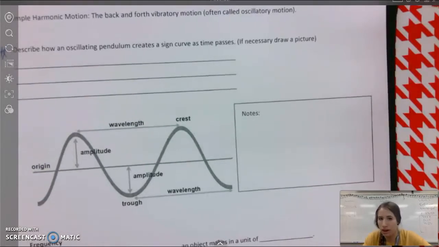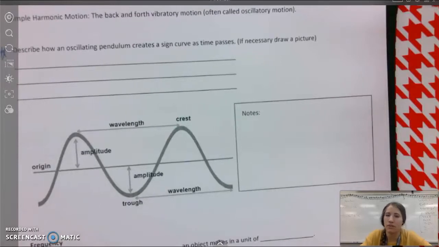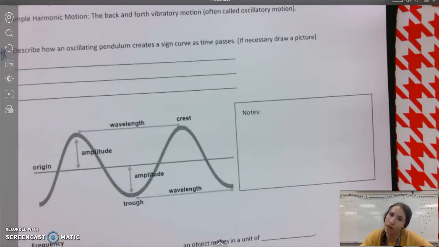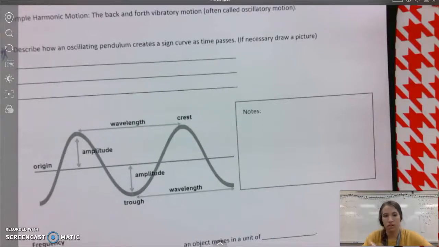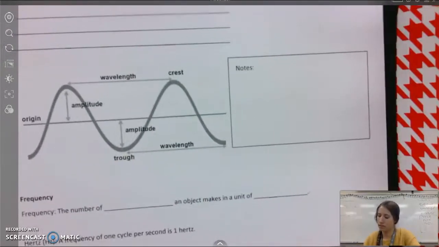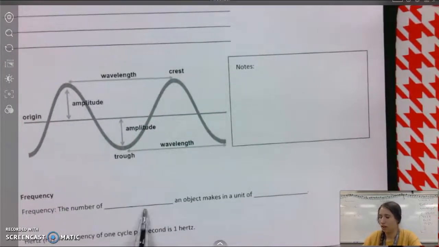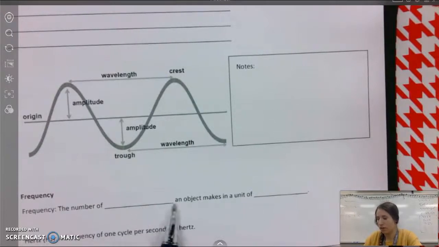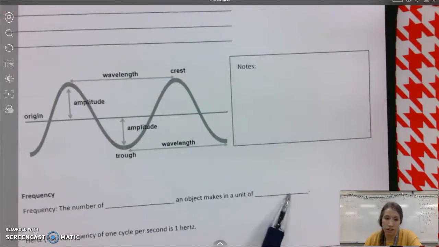Waves per time period. Okay, so let's just say that it's a really windy, blustery day and a lot of waves are hitting the dock, and let's say within 1 second 2 waves hit the dock, then the frequency would be 2 waves per second. Okay, so frequency is the number of oscillations, waves, etc. an object makes in a unit of time.